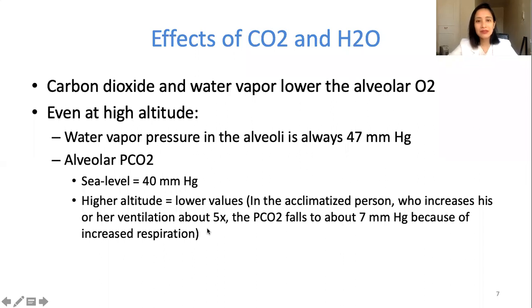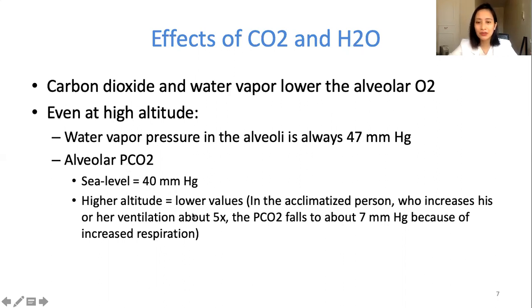Carbon dioxide and water vapor lower the alveolar oxygen because they dilute the alveolar oxygen in the lungs. Even at high altitude, the water vapor pressure in the alveoli is always 47 millimeters mercury. But the alveolar PCO2, at sea level, is 40 millimeters mercury.